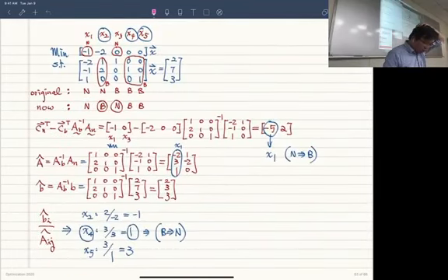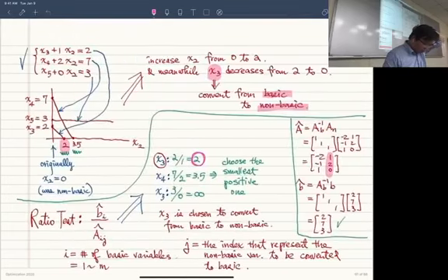That's where x3 becomes 0. Here x2 becomes 2, x3 becomes 0.